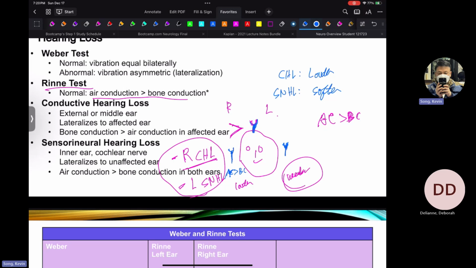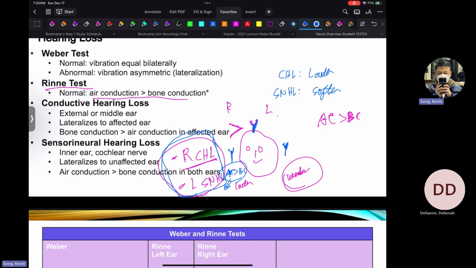In that case, what does this mean? From the Weber test, you concluded either right side conductive hearing loss or left side sensorineural hearing loss.